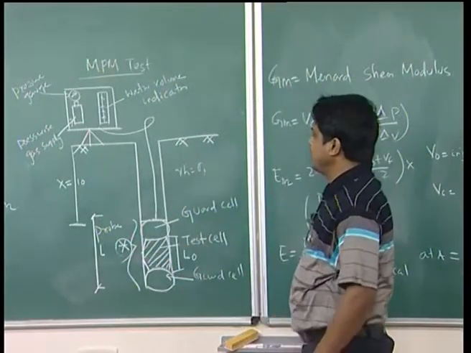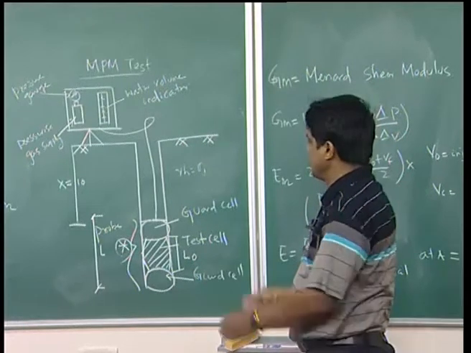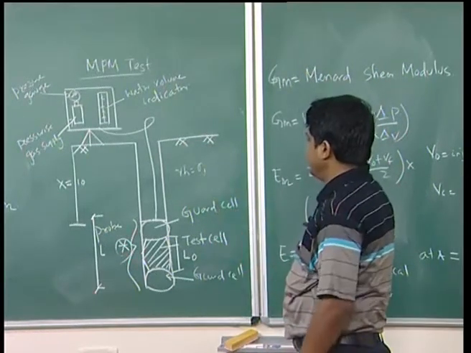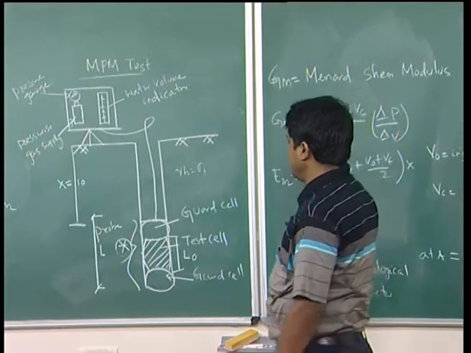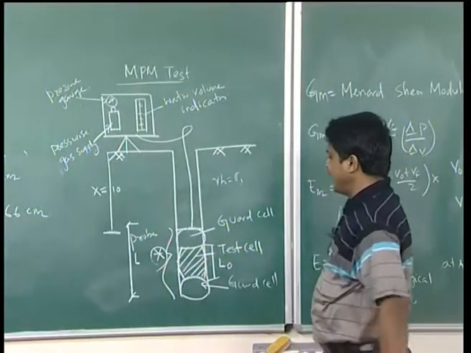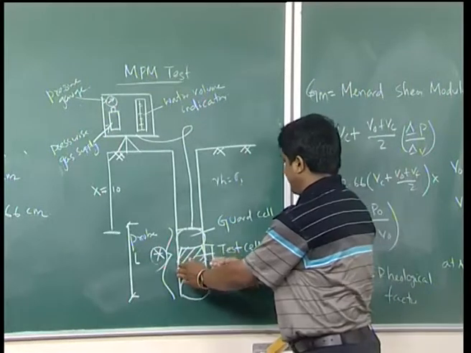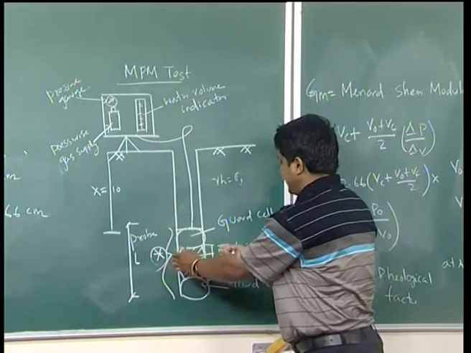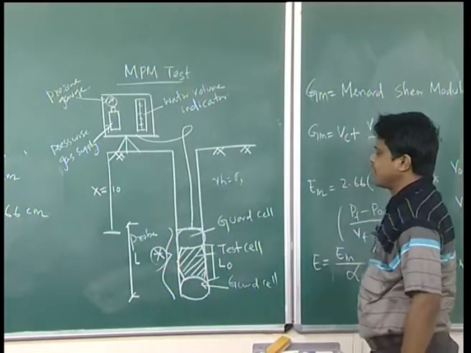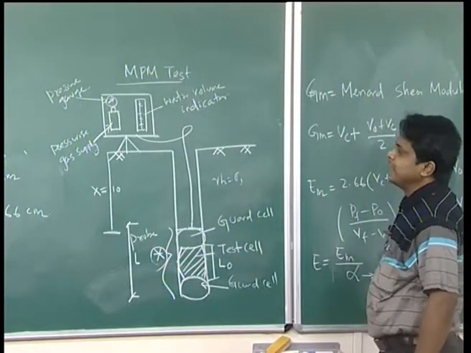That means the soil should be at least medium to loose, not very stiff. If it is stiff or rock, the test cell volume, even if it expands, cannot expand the stiff soil or rock. So, there are limitations also.